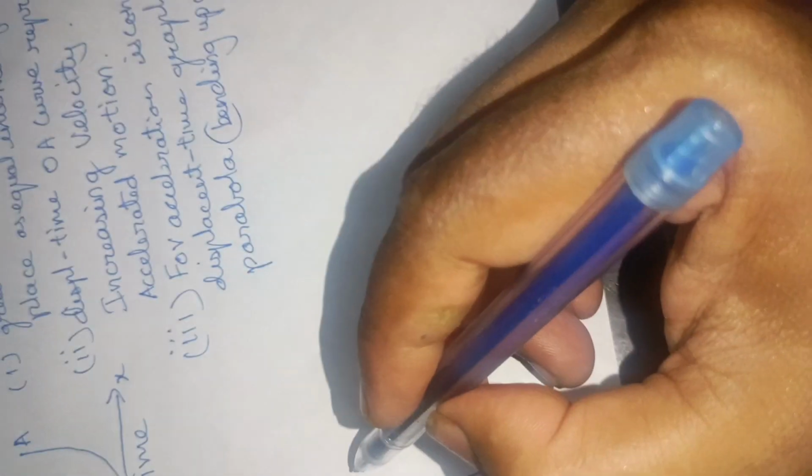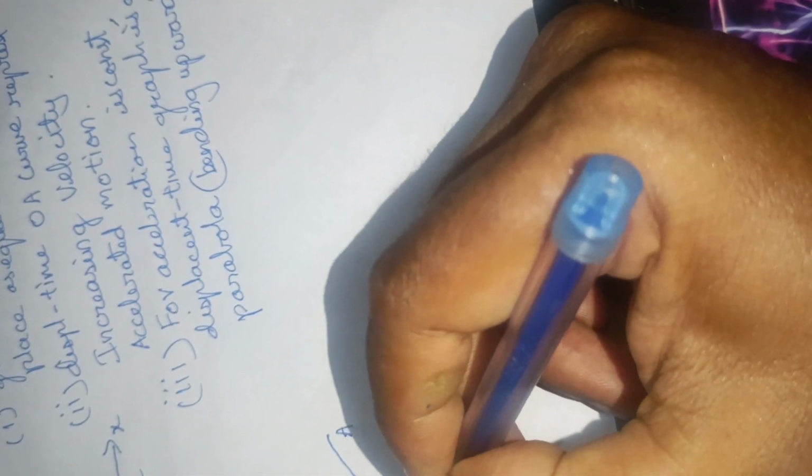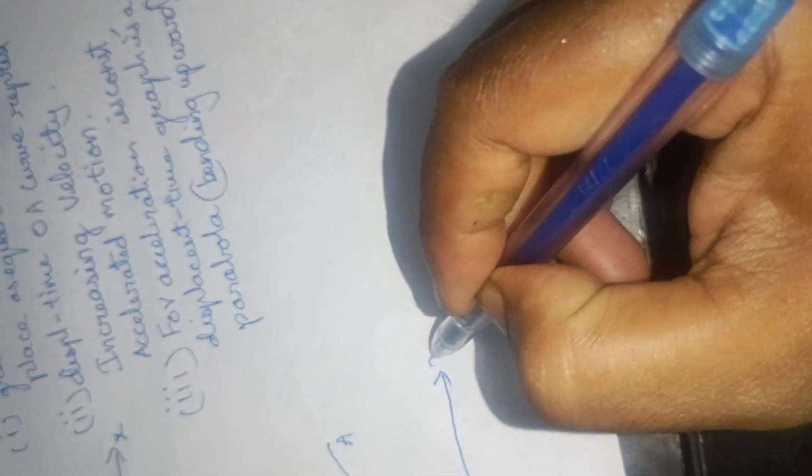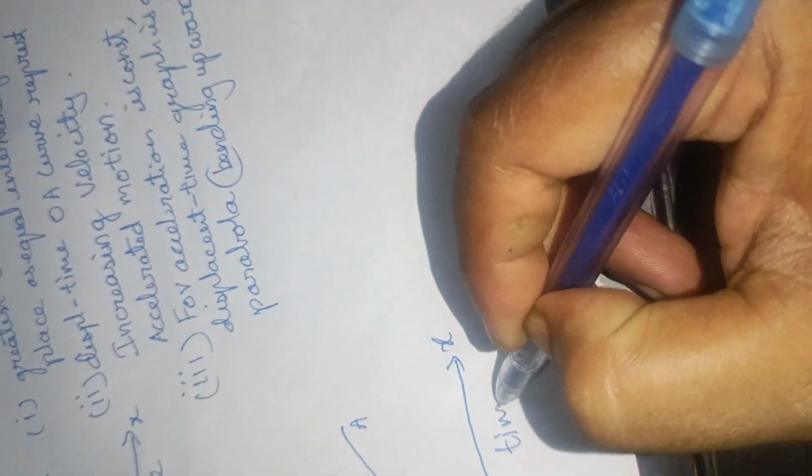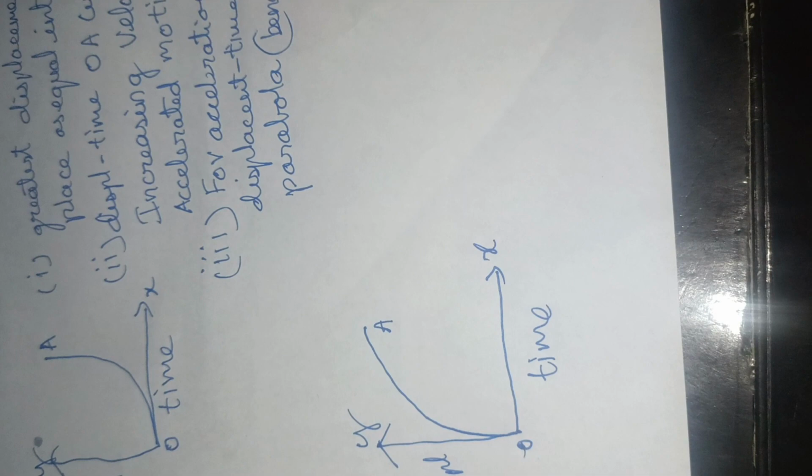Now in this graph I can say that it is dropping like this. Here also I can represent this as the OA graph. Since it is the y-axis, it is displacement. Since it is the x-axis, it is time.